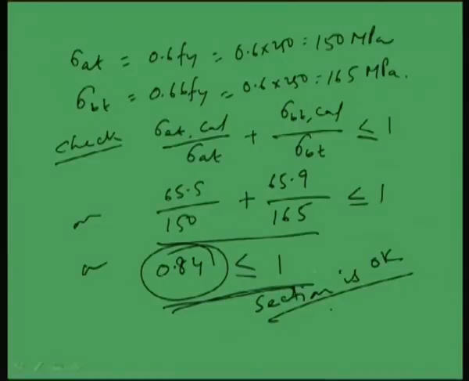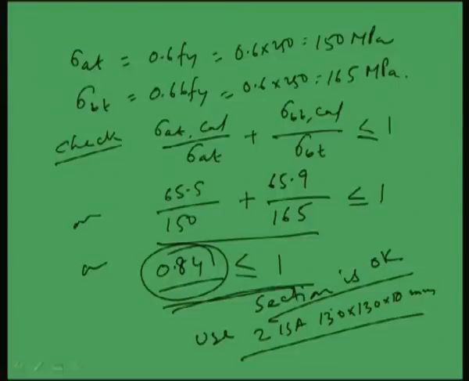Otherwise you can go for this section whichever we have considered, right. So in this way, we can say that use 2 ISA 130 by 130 by 10 mm angle, double angle of 130 by 130 by 10. So using this we can make it, right.